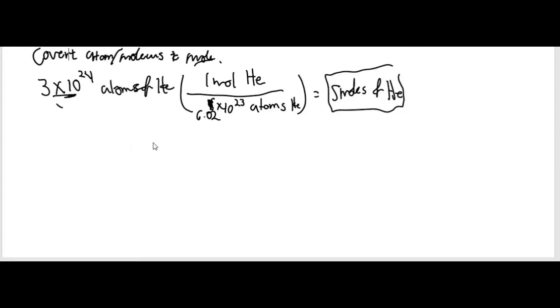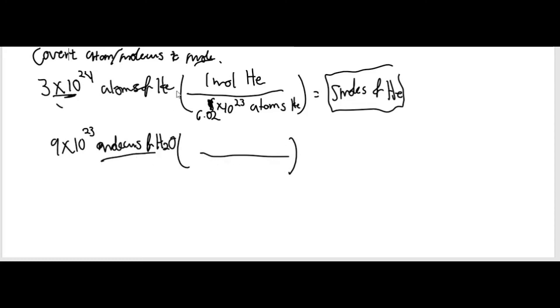Okay, let's try another one. Okay, we have 9.23 times 10 to the 22nd molecules of H2O. Now, in order to convert this to moles, we need to divide it by Avogadro's number.